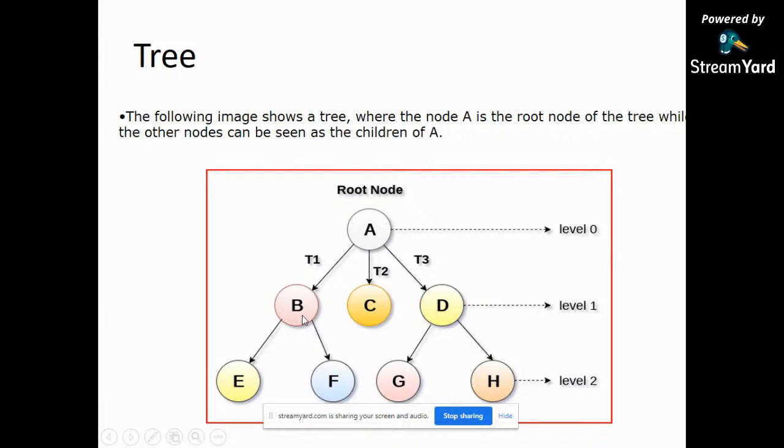Degree of B is, sorry, degree of B is 2 because it has two children.